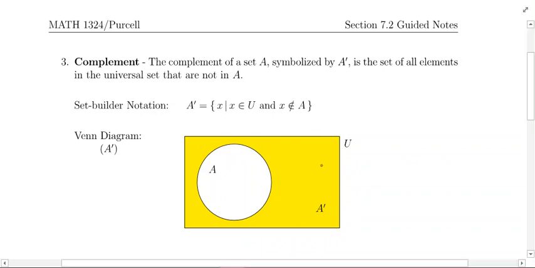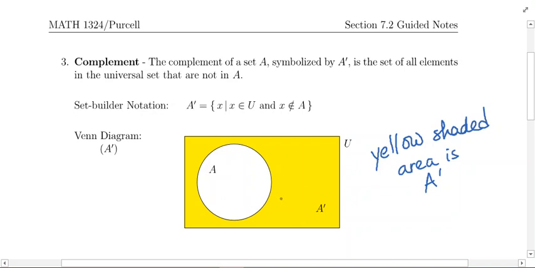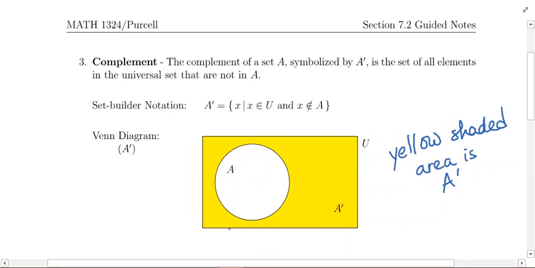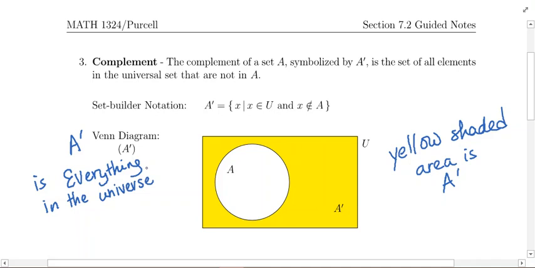So the yellow shaded area is A complement. What a complement is, is everything in the universe excluding what is in A. So I'm going to write that in here. A complement is everything in the universe, so set U. You can call the universal set the universe, it means the same thing.